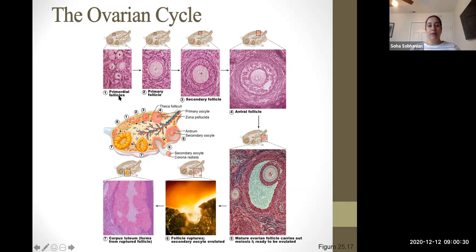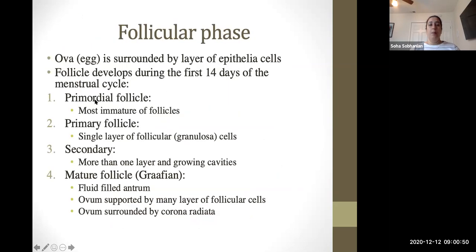So see how the word follicle is being repeated here? Primordial follicle, primary follicle, secondary follicle, and then Graafian follicle down here. So all of these are basically saying the cells that are around the oocyte plus the oocyte as a whole are referred to as follicle. So we start with what we call primordial follicle, which is again the most immature form of the follicle.